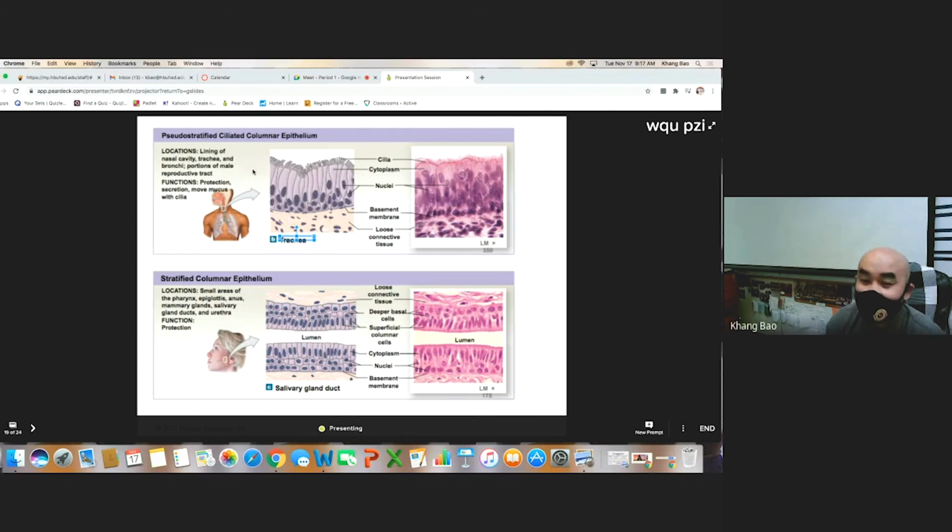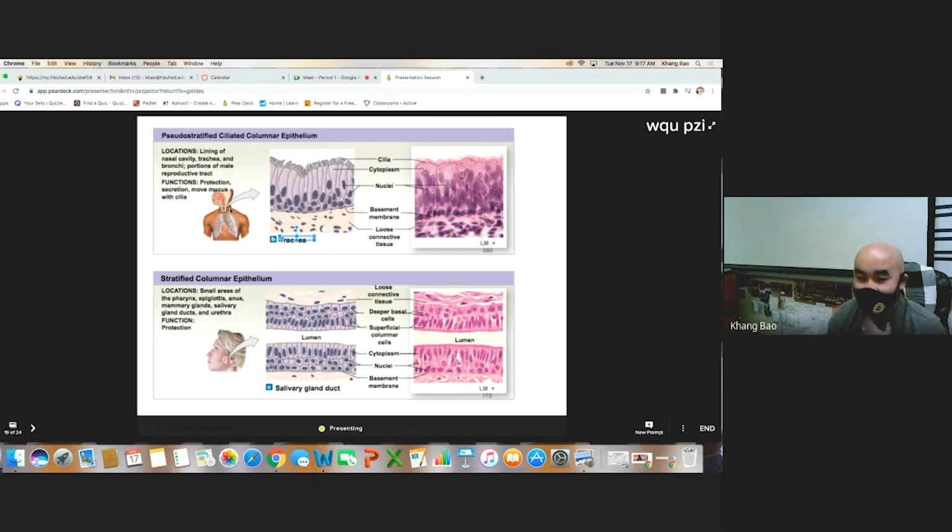This on the other hand is pseudo because it doesn't have specific multiple layers. You can kind of see three different layers here: one layer, two layer, three layer. This is pseudo because this is one layer, but it's kind of smushed in. Make sense? And that's why we call this pseudostratified.